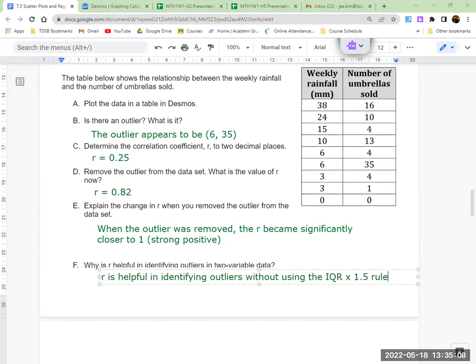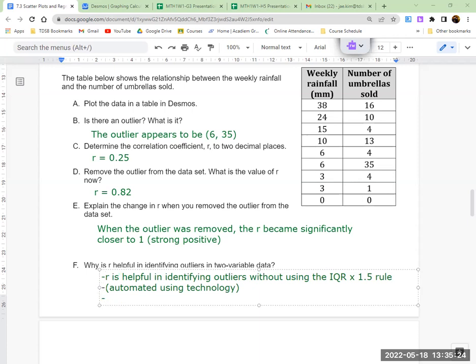Another way I could say it is automated. What else could you say?